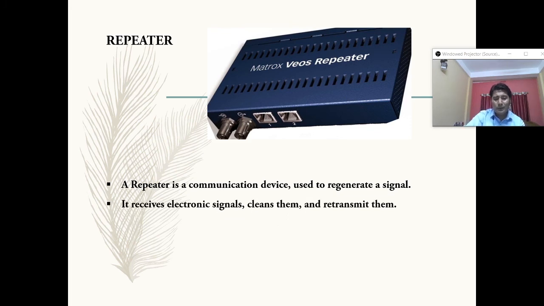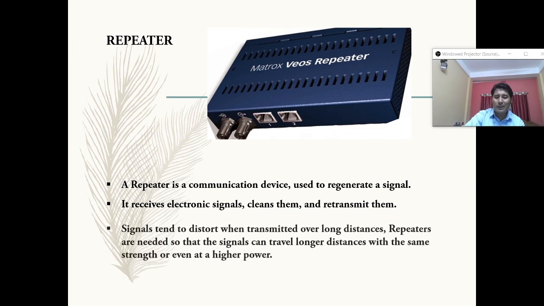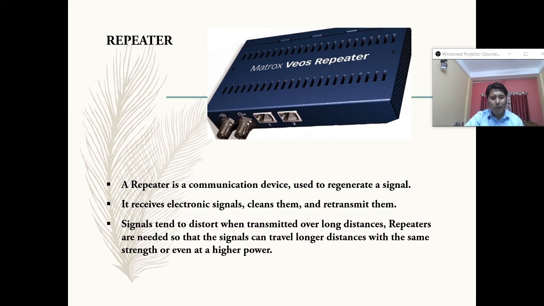So what happens is, sometimes when electronic signals are transmitted through the cable line or any kind of media, they may have some kind of disturbance. So the data may have some kind of obstruction, and so that it can have a proper flow, so that a proper amount of data can be transmitted at a time, we need a repeater.